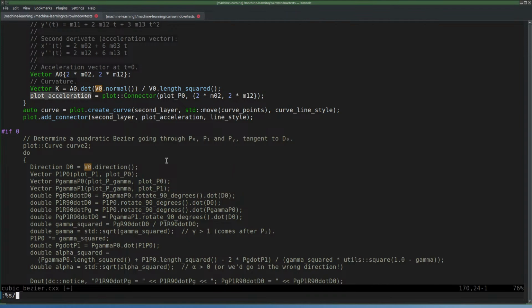Substitute, plot acceleration, which was not very interesting. Plot curvature.